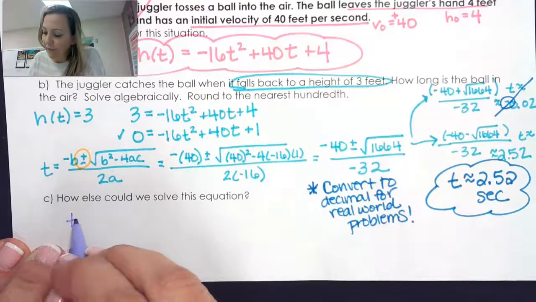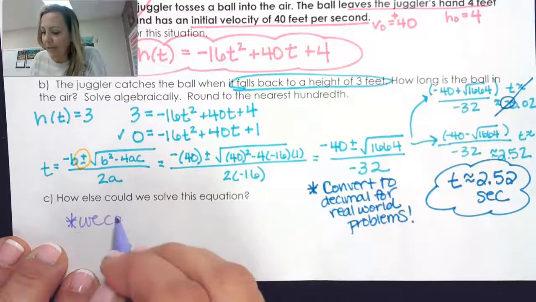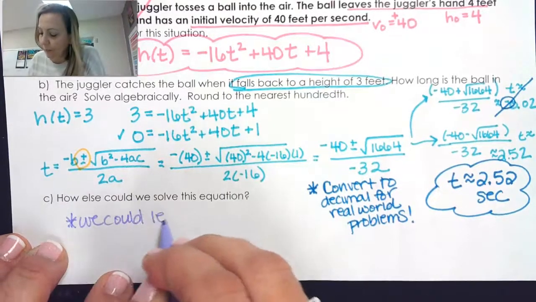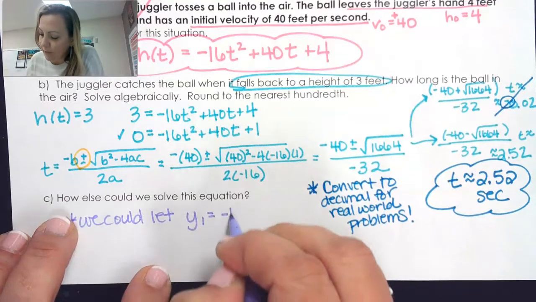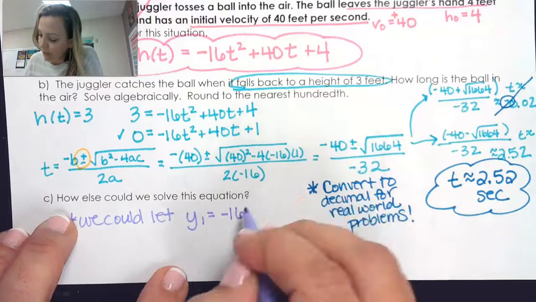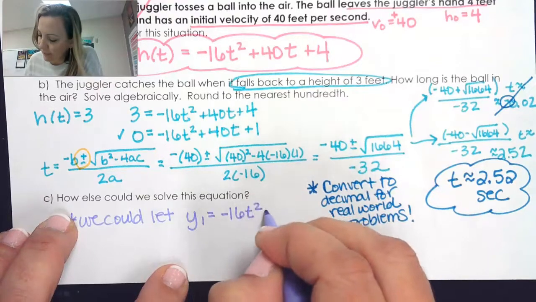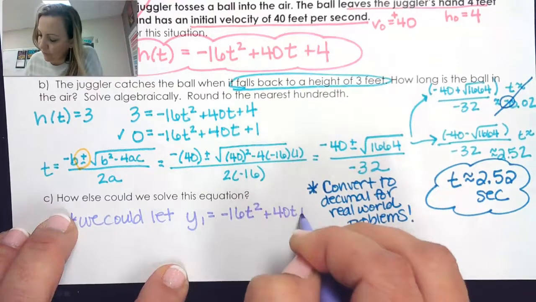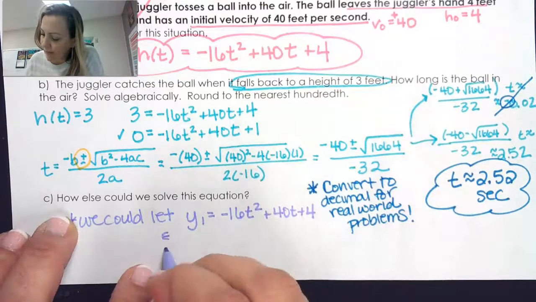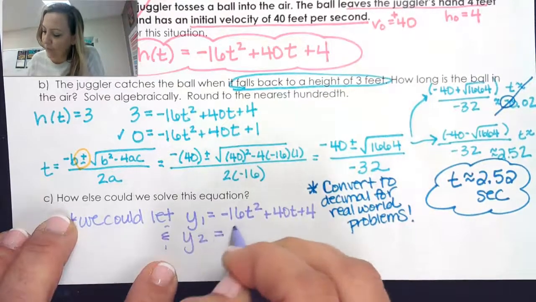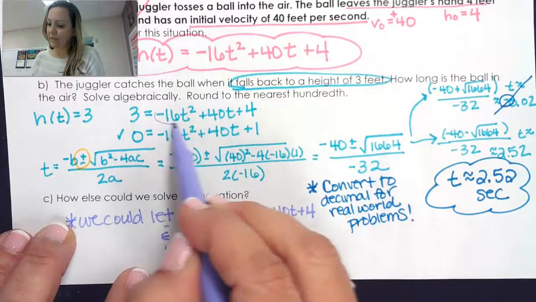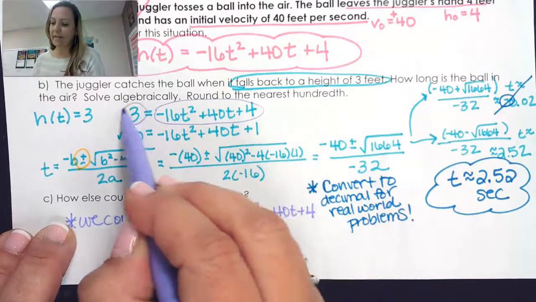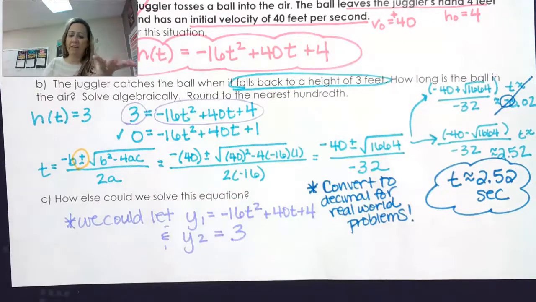So one of the other things that we could do is put y1 equals one of the sides of the equation, so negative 16t squared plus 40t plus 4, and y2 equal 3. So notice that we have one side of the equation in y1 and another side in y2. Or you could have that in y1 and that in y2, whatever, okay?